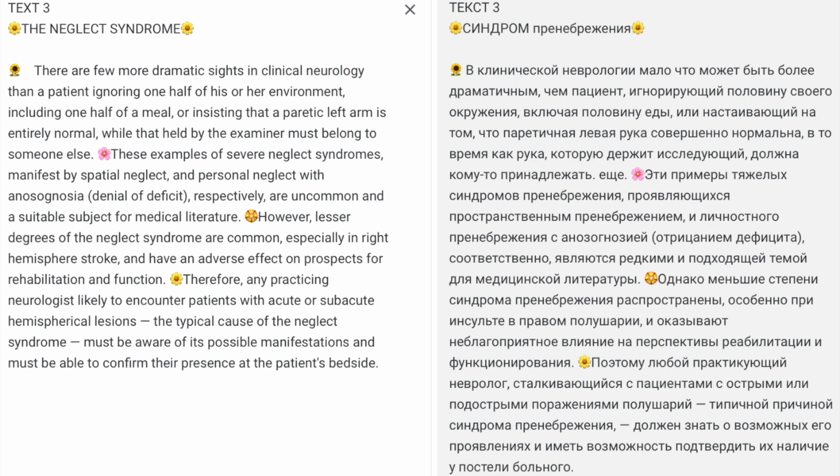Therefore, any practicing neurologist likely to encounter patients with acute or subacute hemispherical lesions, the typical cause of the neglect syndrome, must be aware of its possible manifestations and must be able to confirm their presence at the patient's bedside.